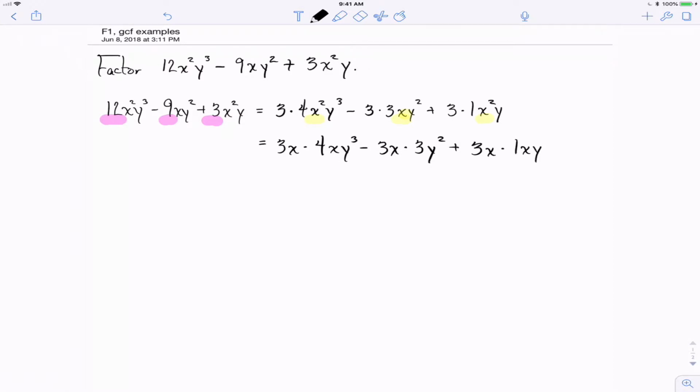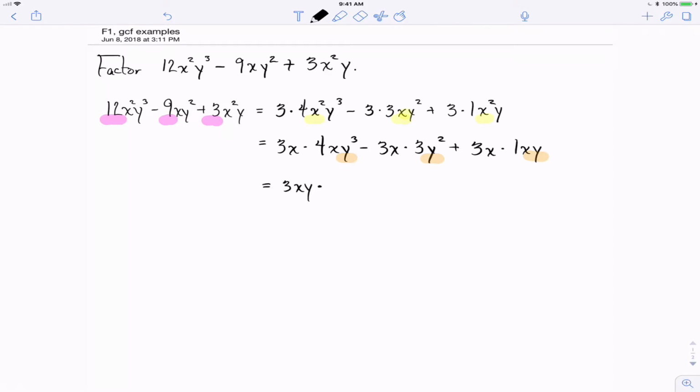Okay. Now, let's do this again, and this time, let's take a look at the y's. In the first term, I have 3 y's. In the second one, I have 2. And in the third one, I have 1. So the question is how many y's can I take from each one of them at the same time? The answer is 1. So now my greatest common factor is going to have a 3, an x, and a y.